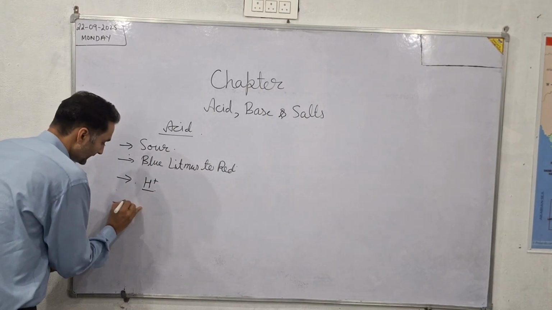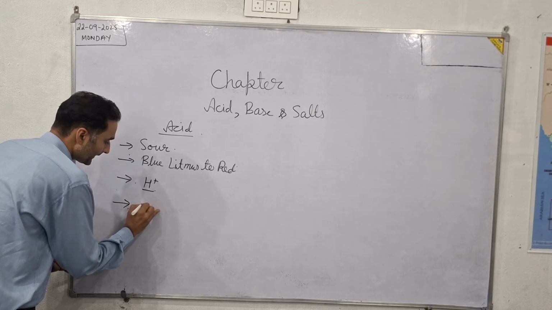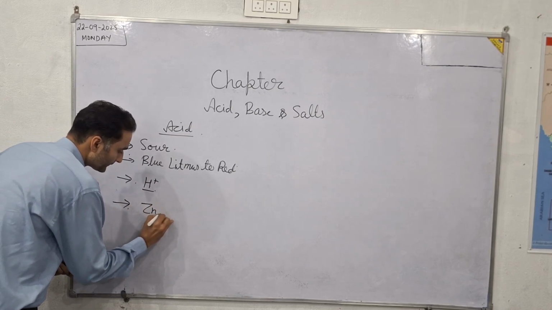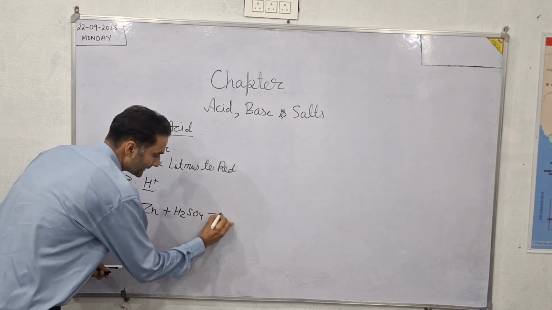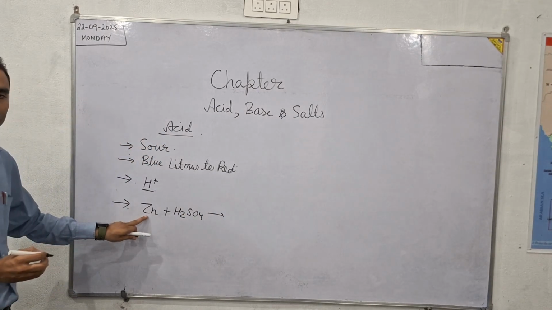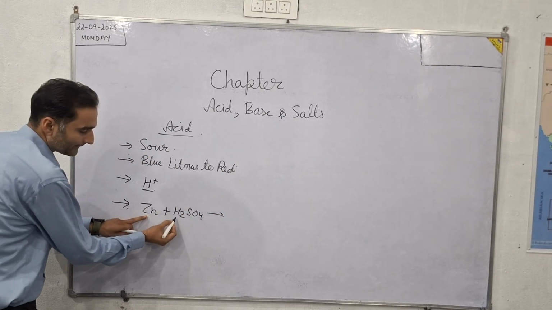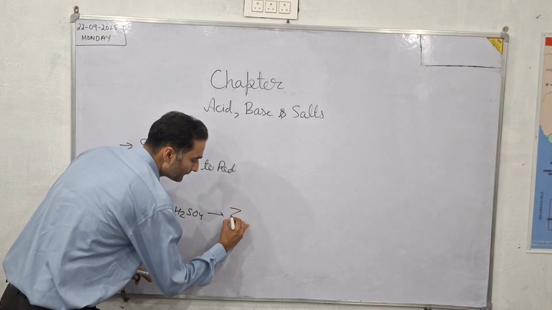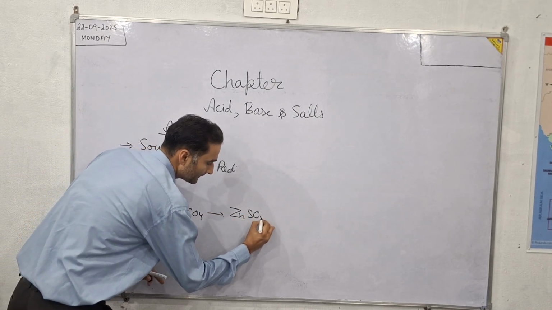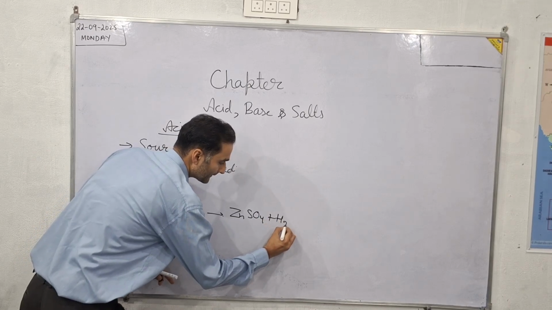Next, when an acid reacts with a metal, it leads to the evolution of hydrogen gas. For example, sulfuric acid, that is H2SO4, when it reacts with zinc leads to the formation of zinc sulfate plus evolution of hydrogen gas.